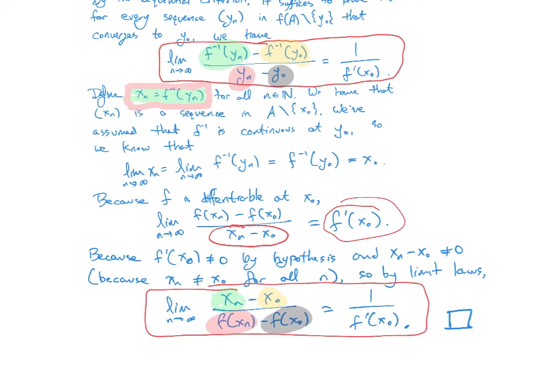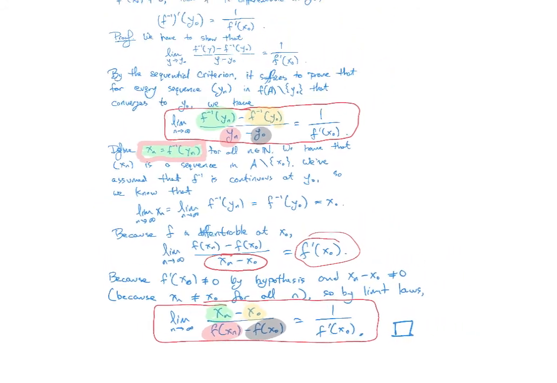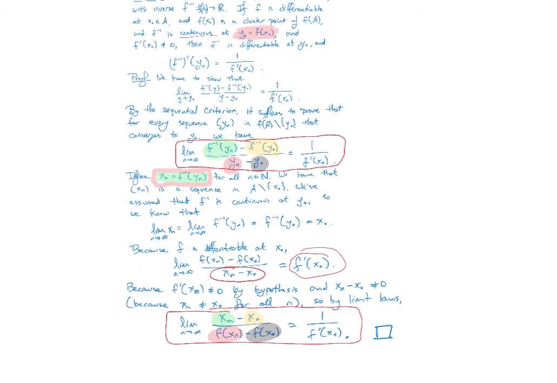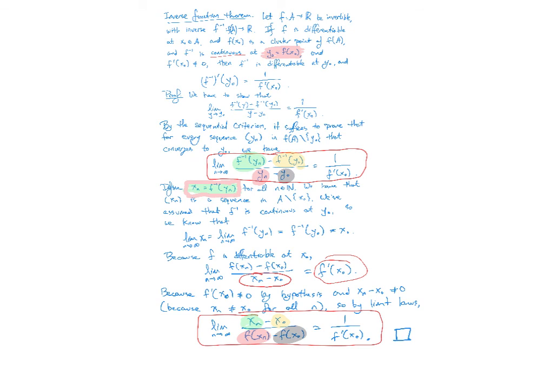This proof is a bit technical, because you have to keep the f's and the f inverses straight. But there it is. The big challenge is keeping the f and the f inverse straight.